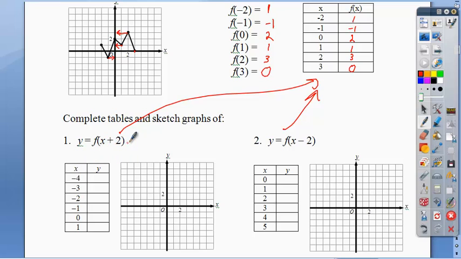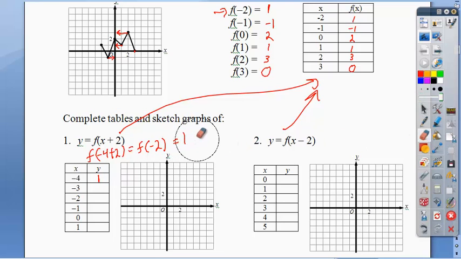Here I have -4 plus 2, which gives me a value of f of -2. And if we recall up here, f of -2 was the value of 1, so I'll put my 1 there.